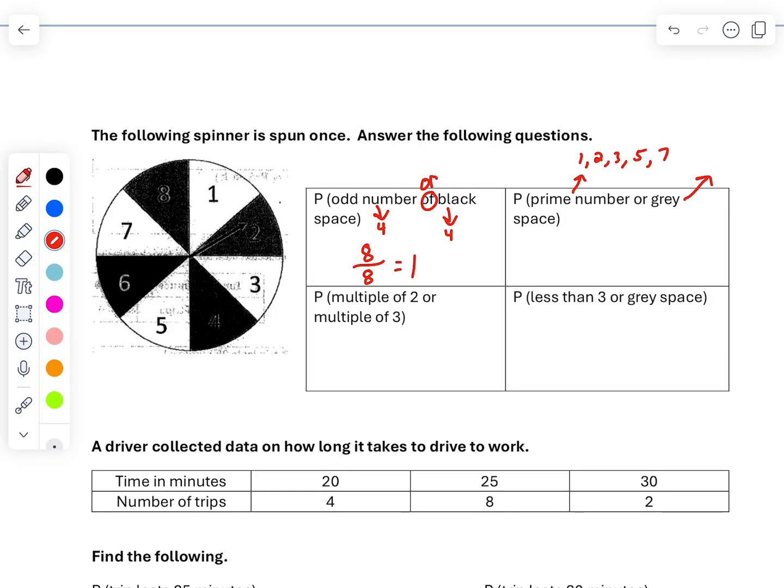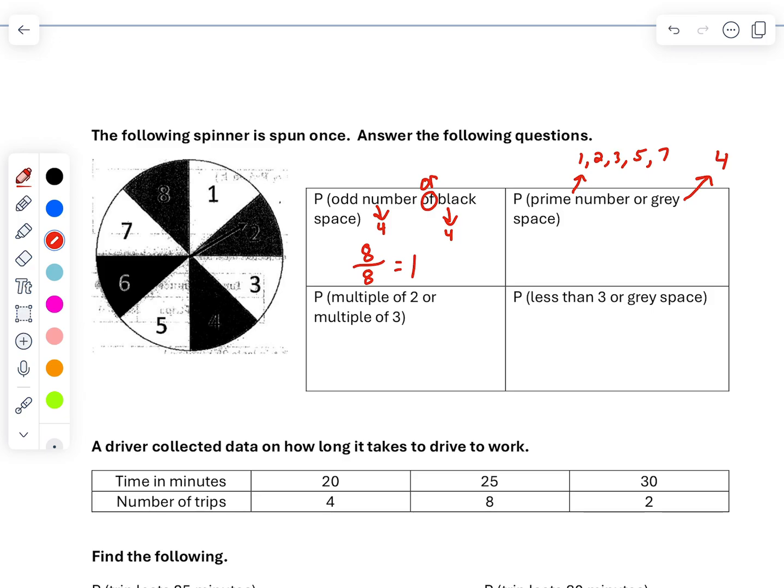And then a gray space, which we'll say is white here. There are 1, 2, 3, 4 of those. Now, what you'll notice here is that you need to check, do you have any prime numbers that are on a white space or on a gray space?